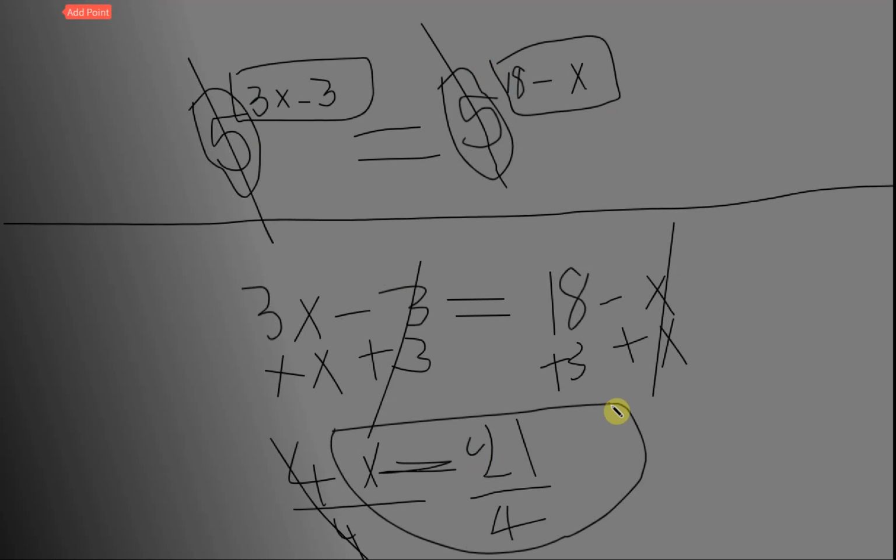So let's see if this is right. Most of you, I know that you have a really big doubt if this is even right. And I'll show you why. Here, you can really easily evaluate that x is 5.25, so 21 over 4.